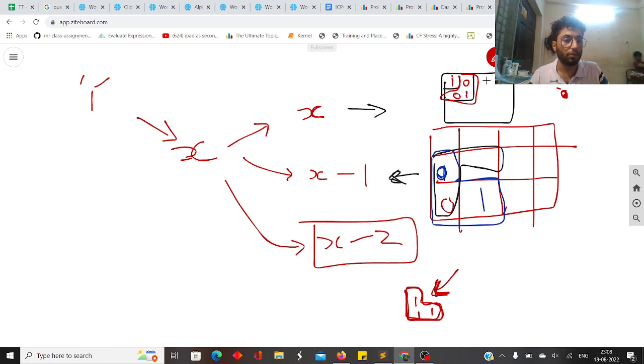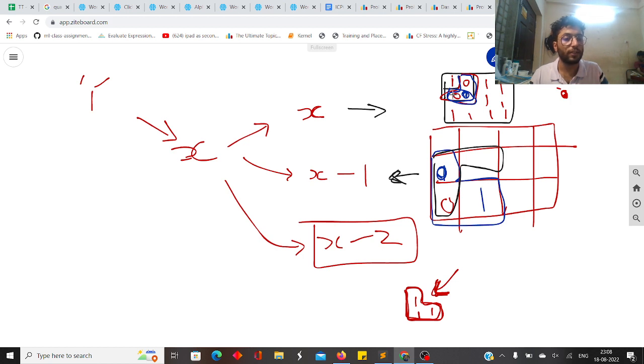Like, let me talk about this matrix. In this matrix I have this L-shaped element such that two of the elements are 0 and this value is 1. So in one operation I can convert all these three to zeros, so I'm losing out on only one, and after performing this operation I'm getting two adjacent zeros.